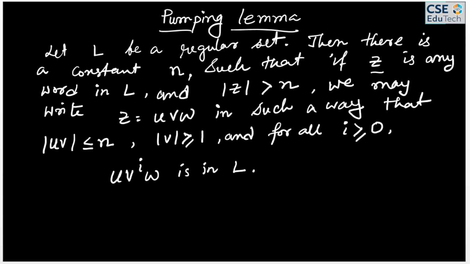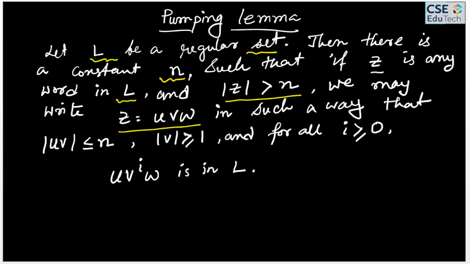That means suppose L is any regular set, and there is a constant n, which we may consider to be the number of states, such that if string z is any word in this language L, and the length of the string is greater than this constant n, then we may write z in this form uvw.